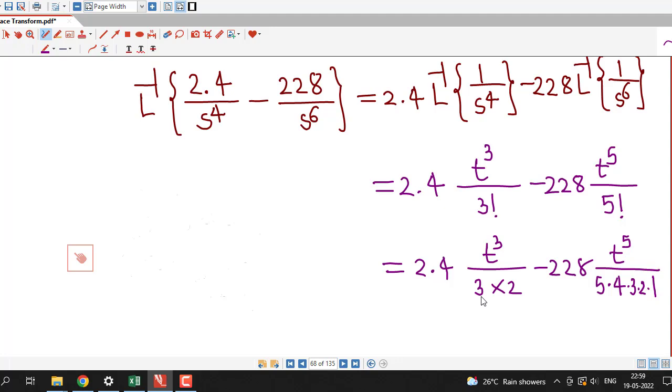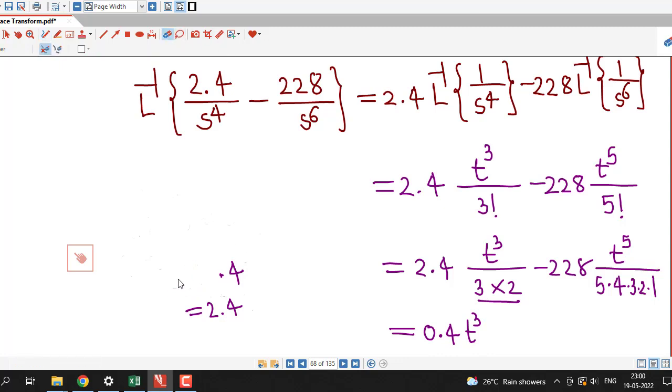Okay, fine. Now we try to cancel out whatever we can cancel. Here 3 into 2 is 6, and if we multiply 6 by 0.4, then we will have 2.4, and we have this 0.4 because we have 2.4. So this will cancel out and we will have 0.4 times t raised to 3.